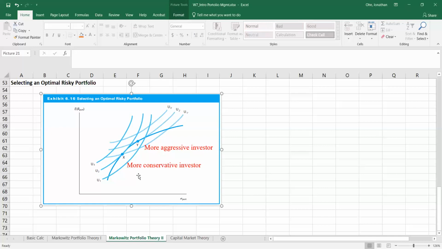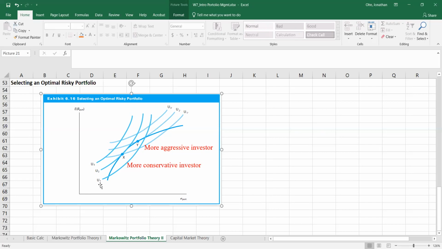They're different, right? They're different because of the difference in the utility curves of these two investors. Now, how can you explain these two investors? The utility curve of investor X is shaped this way because investor X is more conservative.